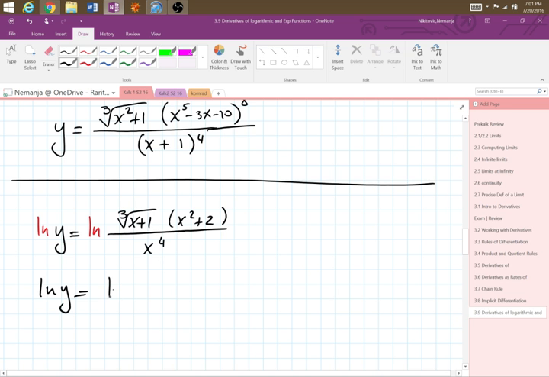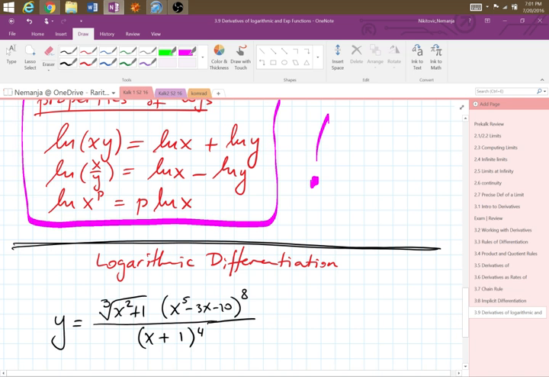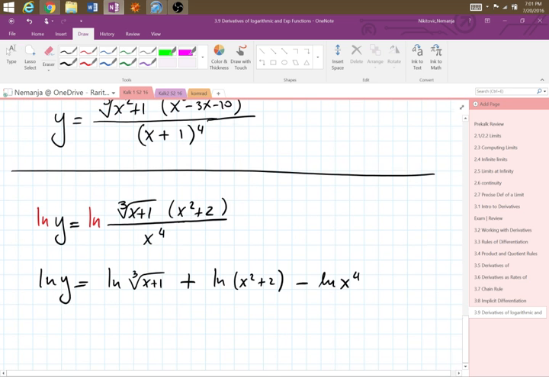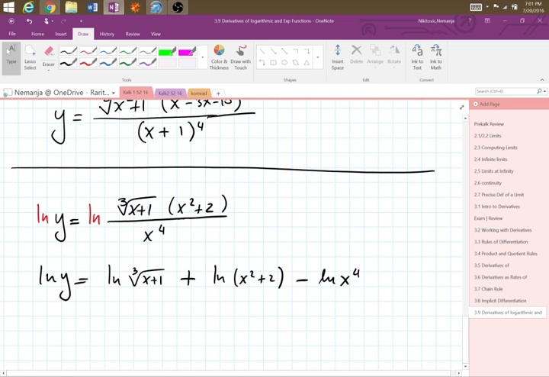So we have ln of cube root of x plus 1 plus, because the second one is in the numerator as well, ln of x squared plus 2, and then minus ln of x to the 4. So what I've used here are the rules 1 and 2, where I am breaking products and quotients into additions and subtractions of logs.